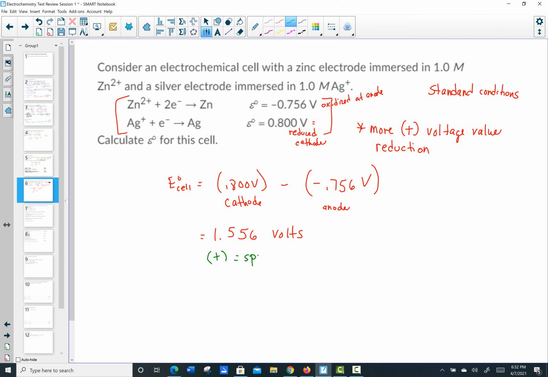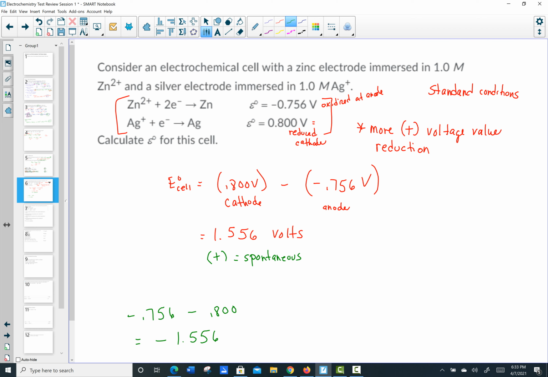That means that it's a spontaneous reaction, that this voltage is actually producing work, something you could capture to do work with. If I had accidentally subtracted in the wrong way, if I had accidentally made negative 0.756 minus 0.800, I would get a number that was negative 1.556.